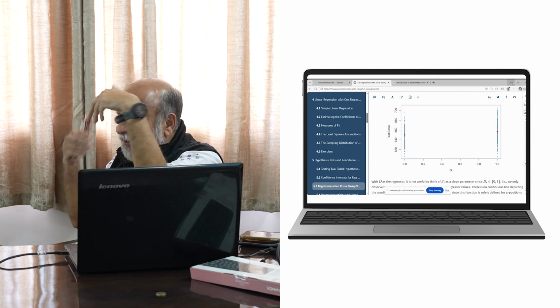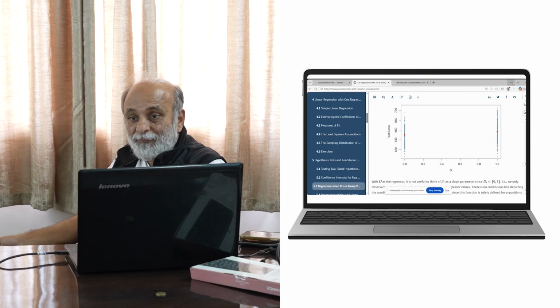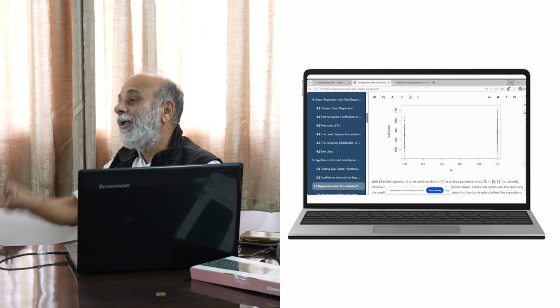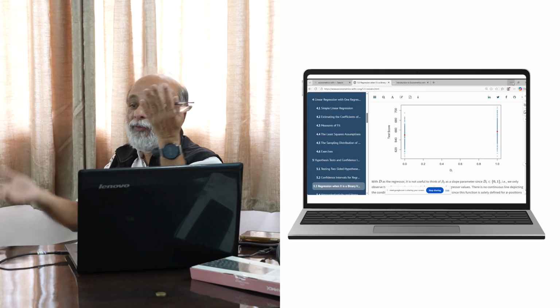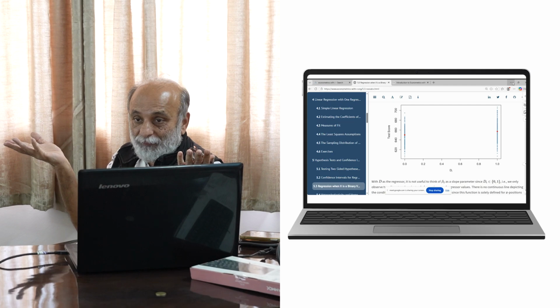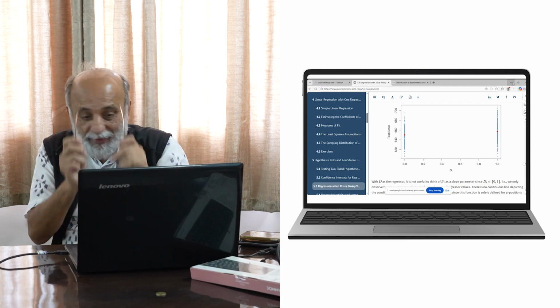If beta 1 is statistically significantly different from 0, the means of the two groups are different. So testing the statistical significance of beta 1 is the same as taking a simple t-test comparing the two means, right? There is no difference in that.